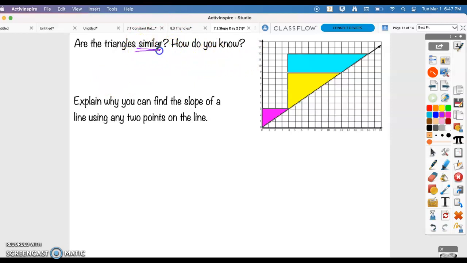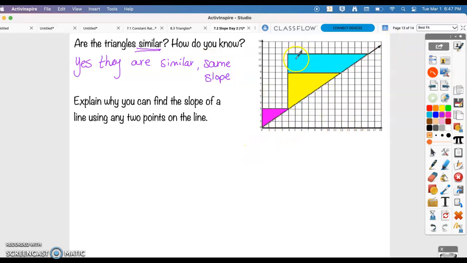So the word similar means not the same, but they have things that are alike. And so yes, these triangles are similar. And I know they are similar because they have the same slope. They all fall on this line.